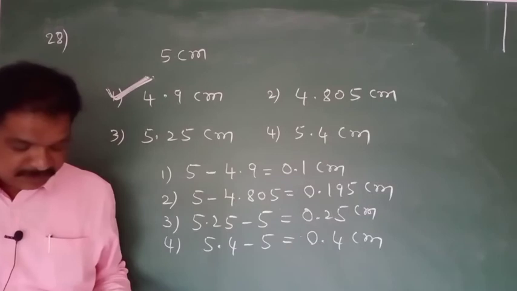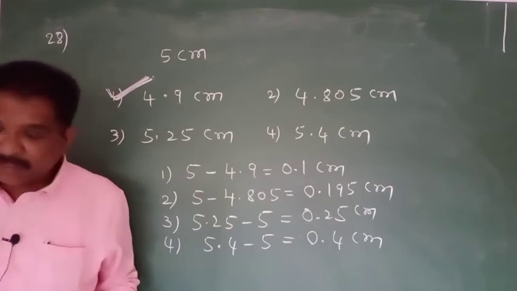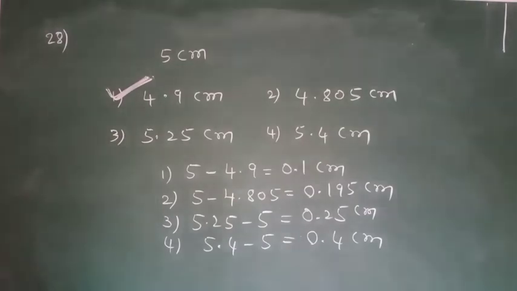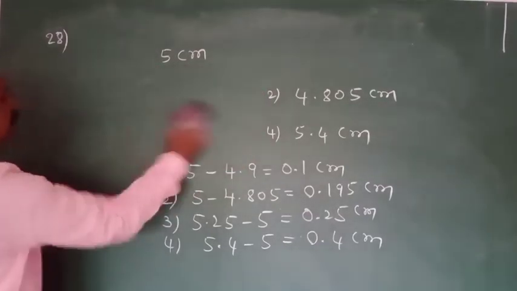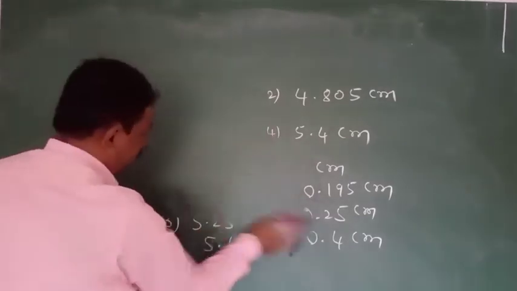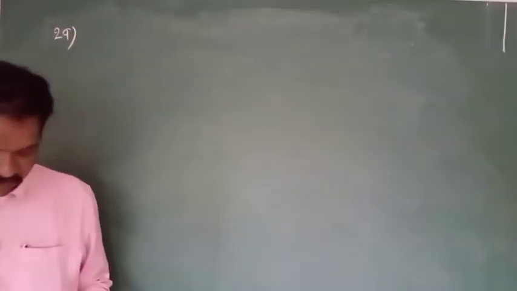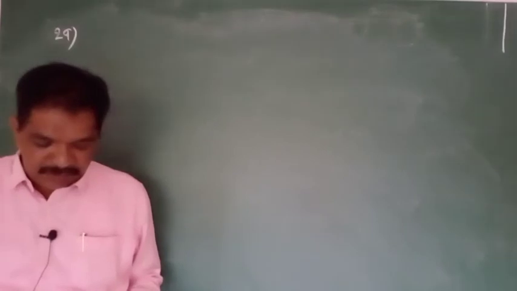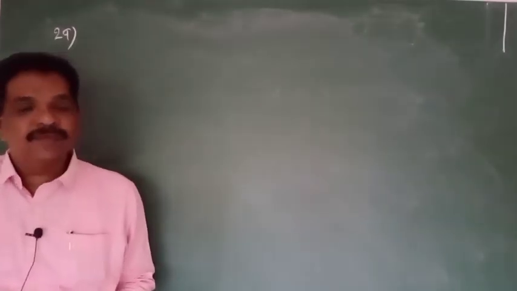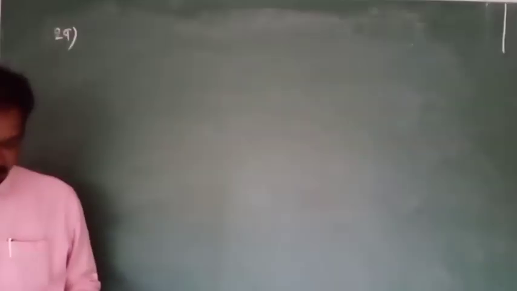Next, question 29, you see. What they are asking: which of the following time measuring devices is most precise?